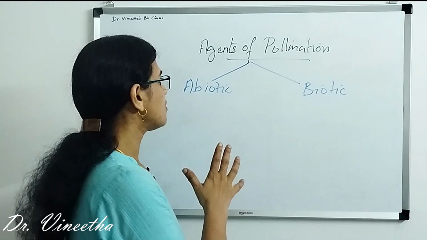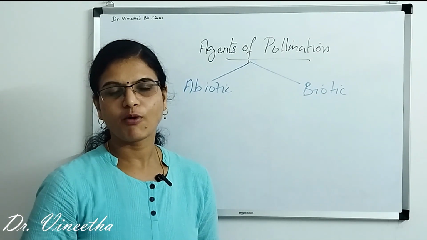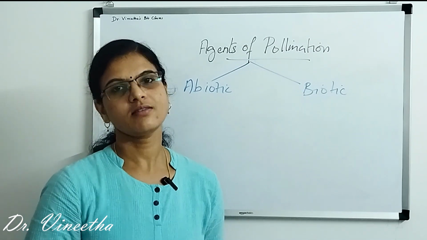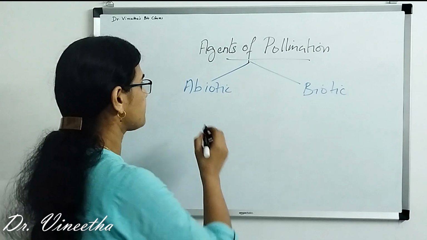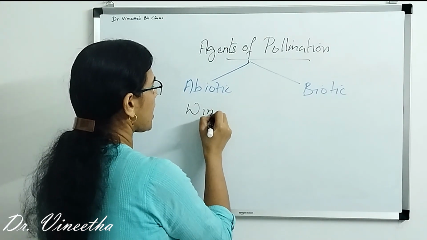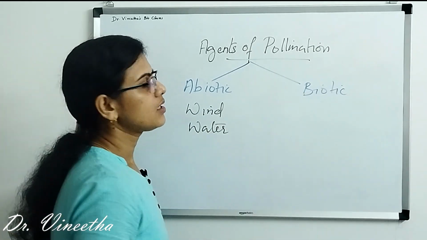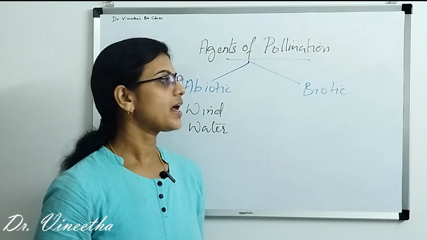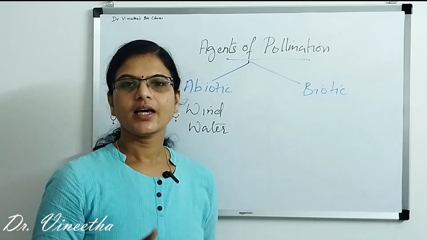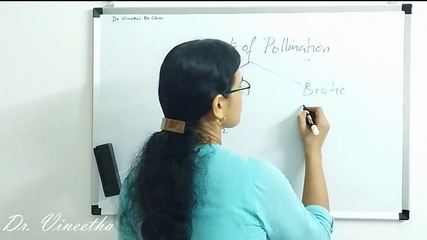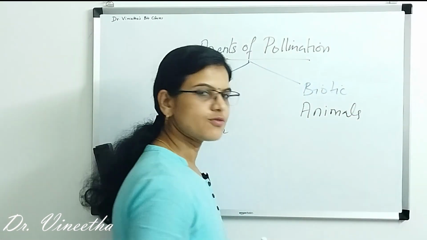Which are the abiotic agents of pollination that you can remember? Yes, of course, it is the air or the wind and water. Wind and water are the abiotic agents of pollination, and the biotic agents of pollination can be any animal involved in pollination.